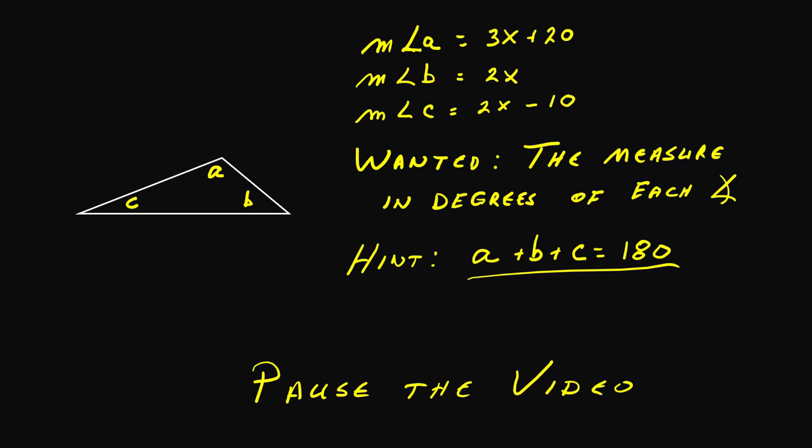Here's your hint. This is from the previous couple of slides. For a triangle, when you sum the angles, A plus B plus C, in this case, equals 180 degrees. So go ahead and pause the video, and once you've worked through the problem, come back and we'll work it together.